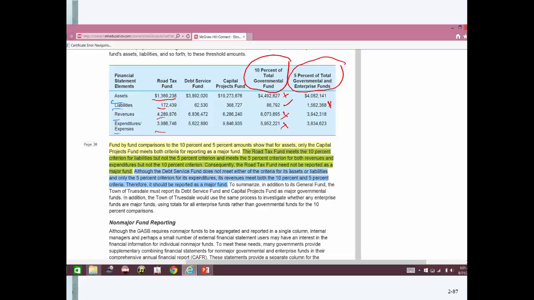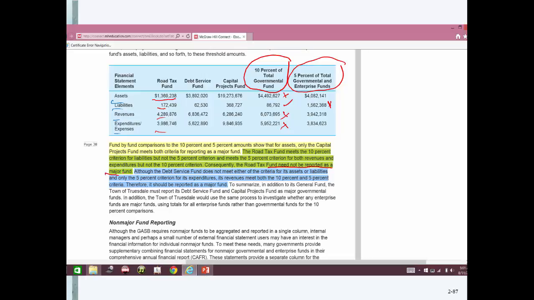So the road fund is not a major fund. Now this road fund, I'm thinking, is probably a special revenue fund. That doesn't mean that there aren't other special revenue funds that do constitute a major fund, right? But for this particular one, it did not constitute a major fund, so we're not going to report on the face of the financial statement, right?